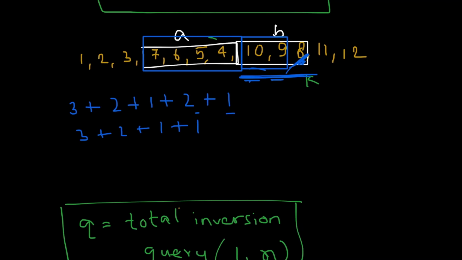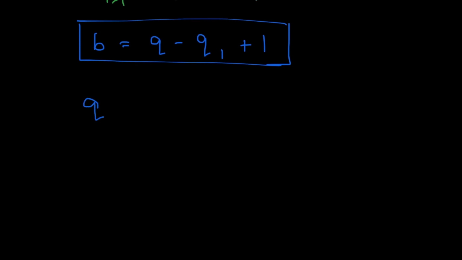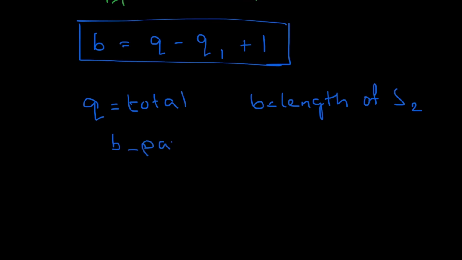So from this we can also calculate how many inversions are formed for the A part. So let's write it here. We know Q is the total. We also know B, that is the length of the second subsequence. Yes. So the B part will contain how many inversions? That will be equal to B into B minus 1 by 2, by the previous formula.